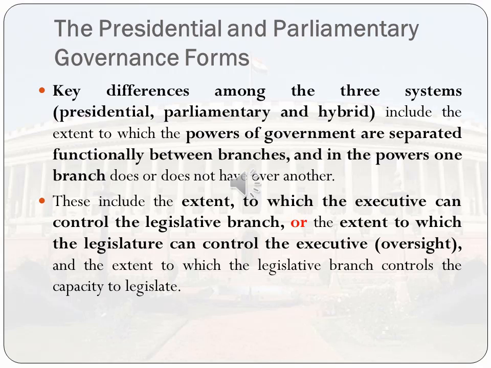These include the extent to which the executive can control the legislative assembly, or the extent to which the legislative can control the executive, and the extent to which the legislative branch controls the capacity to legislate. One important area of control and competition is the capacity to introduce and approve legislation, and these vary considerably among all the three systems.